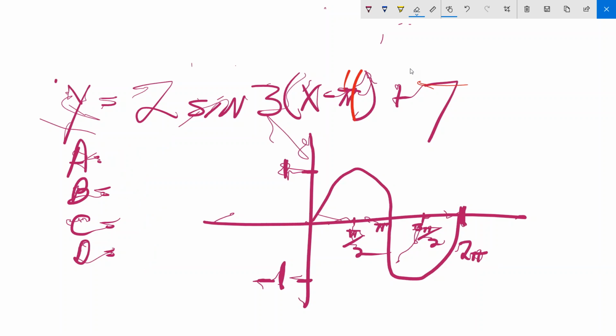So let's see if we can figure out. What's the formula for figuring out A? A being the amplitude, right? What do we see the A? What is A here? Just looking at the graph. Is it 0? Is it 1? Is it 2? Is it 3? What is it?